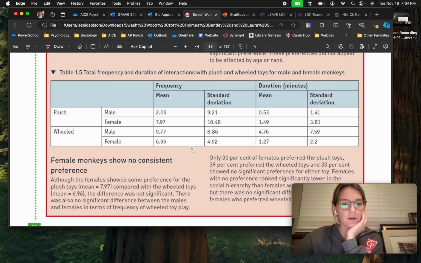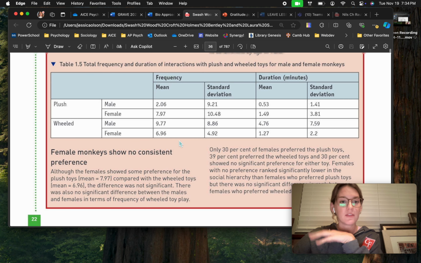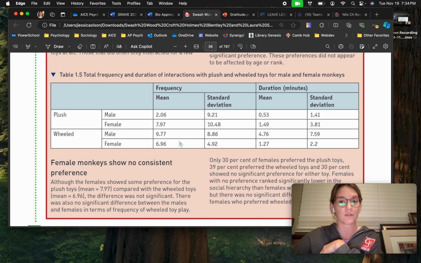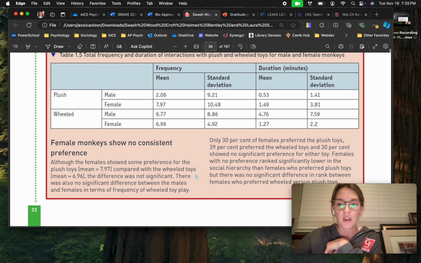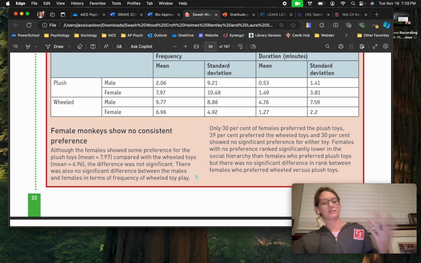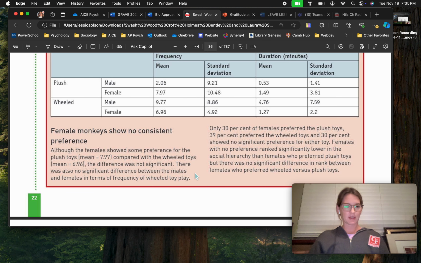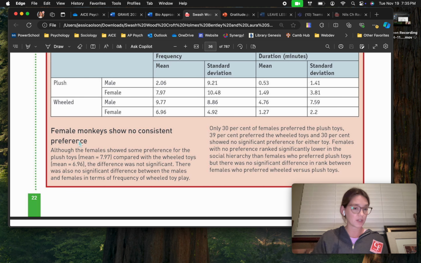But I want you to look at the females. Look at the female plush versus wheeled. Female wheeled was 6.96, female plush was 7.97. That's pretty close. So, did the females prefer the plush toys over the wheeled toys? No. That is another significant finding with this study, that female monkeys showed no consistent preference.